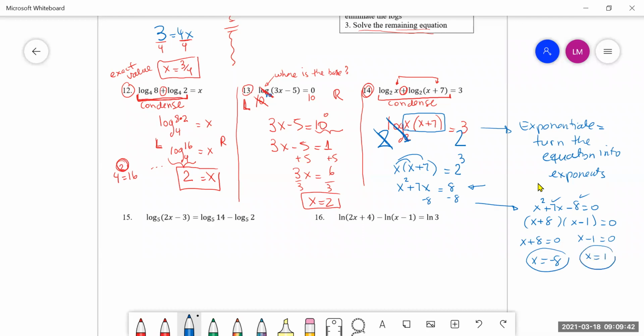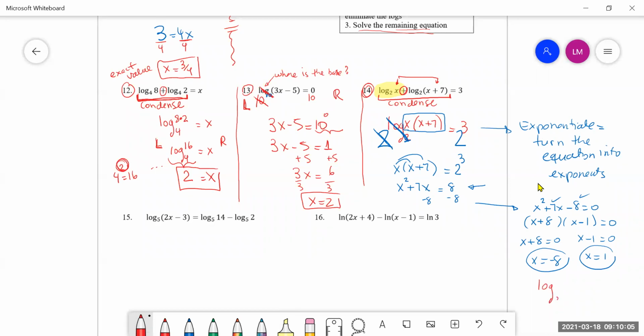Now I have to decide which one of these is the correct value. Well, let's just look at one of these logarithms. We don't even have to look at both, because if it fails in one, it should not even continue, right? When you have log base 2 of x, well, can the x be negative?